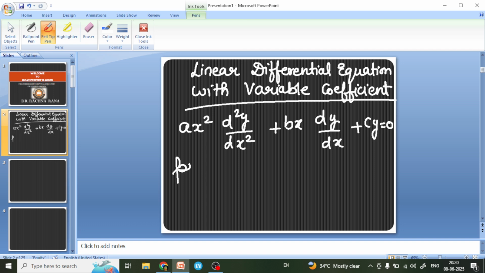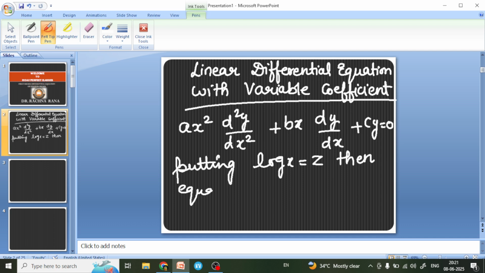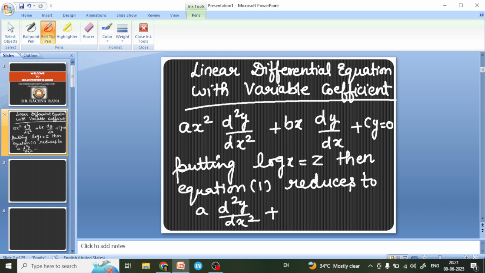Then putting log x equal to z, equation 1 reduces to a d square y over dz square plus b dy over dz plus c y equal to 0, which is a linear equation with constant coefficient and which can be solved by this method.